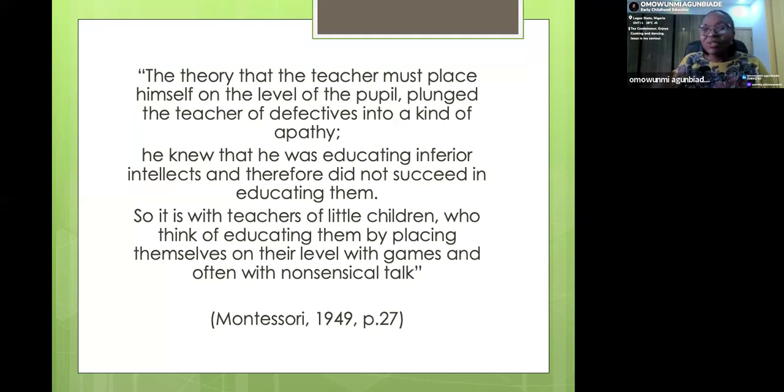And then voila, she said, if what she was taking the special needs children through could also be used with the normal children, then they will do excellently well. That's why today people will say that the Maria Montessori method is very good for special needs children. Yes, in our school, we do that.